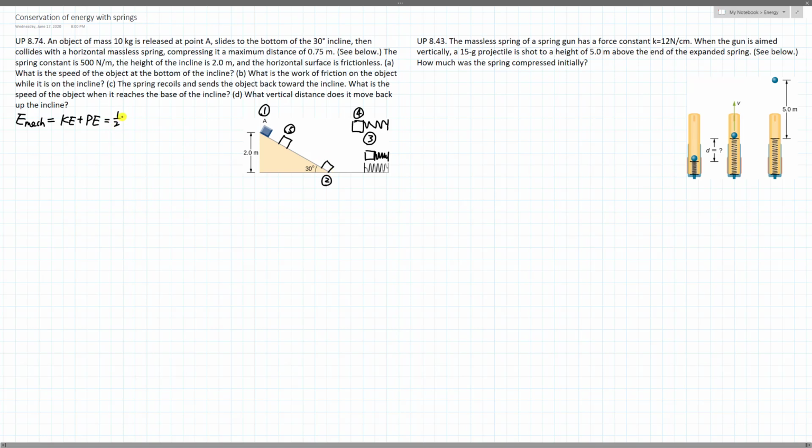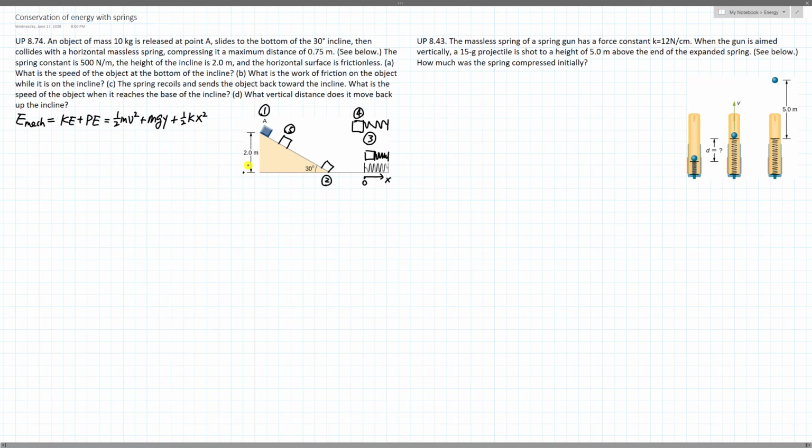So we have 1/2 m v squared plus gravitational potential mgy plus spring potential energy 1/2 k x squared. So the x will be starting from here, and let's just say it points this way and indicates the spring compression. And the y will be starting from the bottom of the inclined plane.